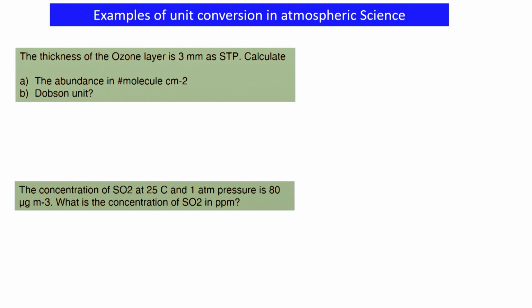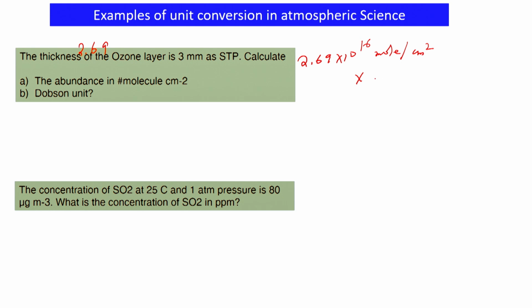Now this is what is actually happening. We know that the molecular concentration is 2.69 into 10 to the power 16 molecules per centimeter square, and you just multiply by how much?